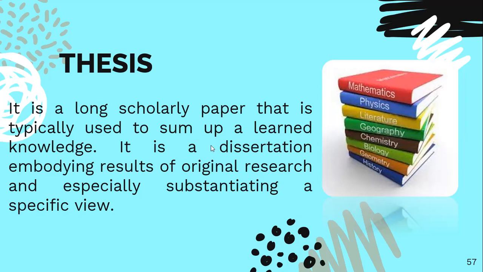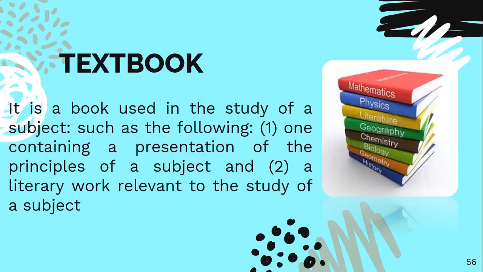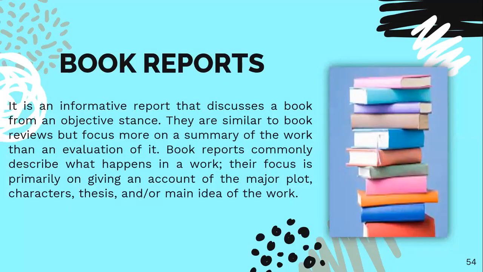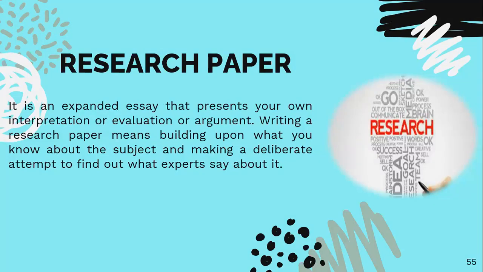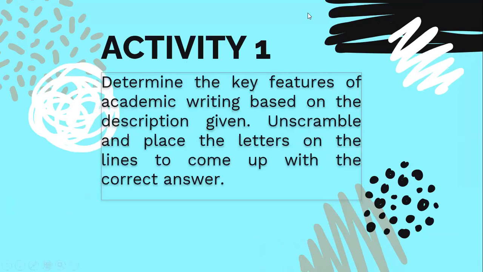Okay, let's review the examples of academic writing. We started with book reports, research paper, textbook, and thesis. Let's have activity number 1. You can answer on the chat pane. Wrong spelling is wrong.